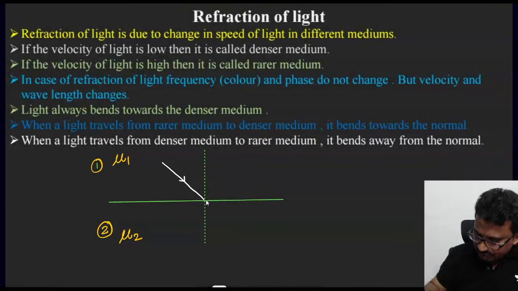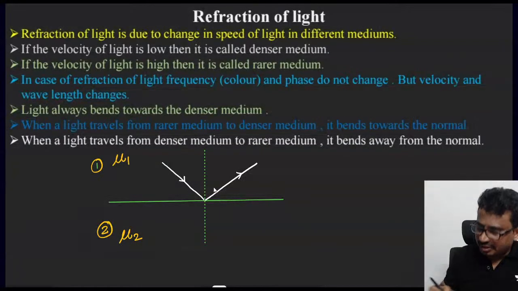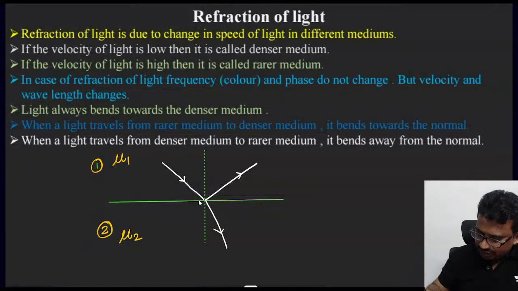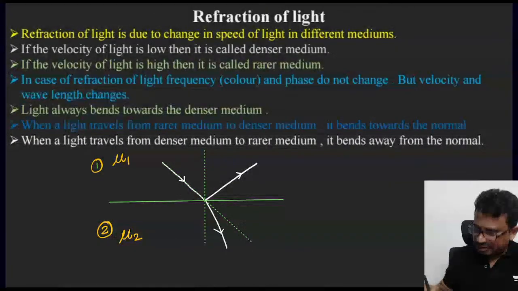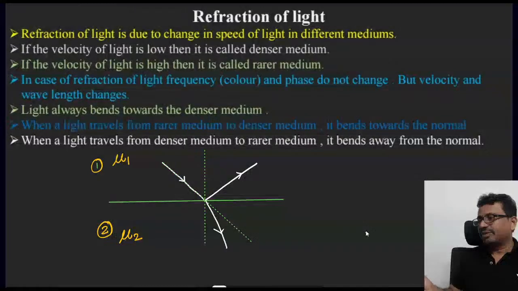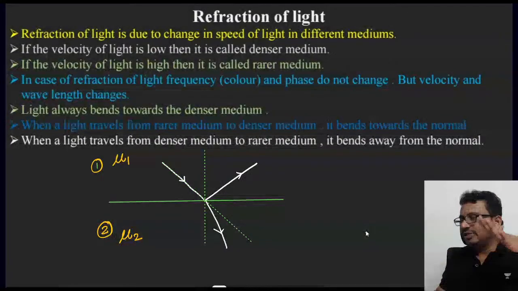Now the light will reflect, this is called the reflected ray, and the light will refract also, will bend. Actually this light ray wants to go in this path, but because of the change of medium, light will get deviated.